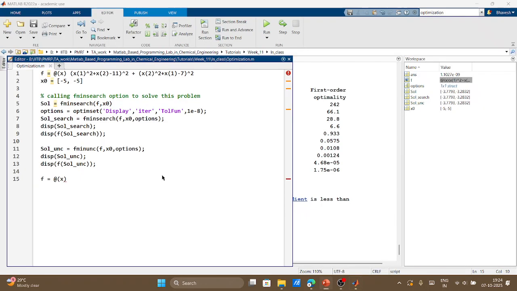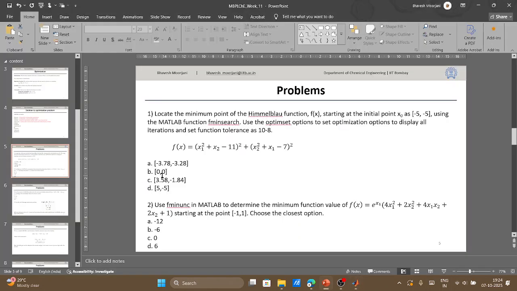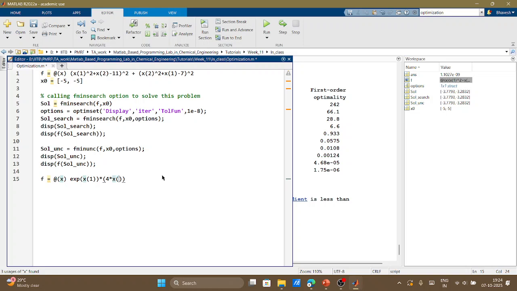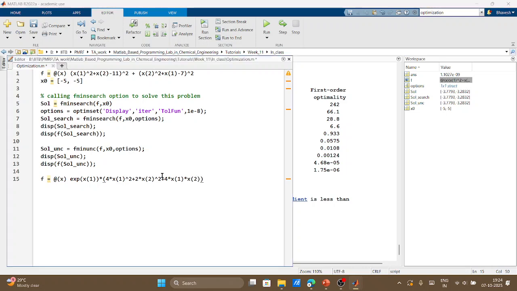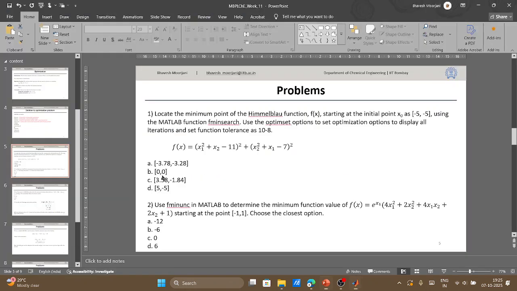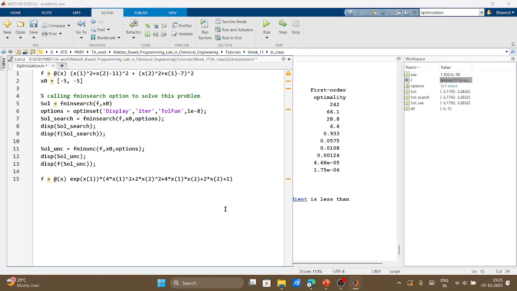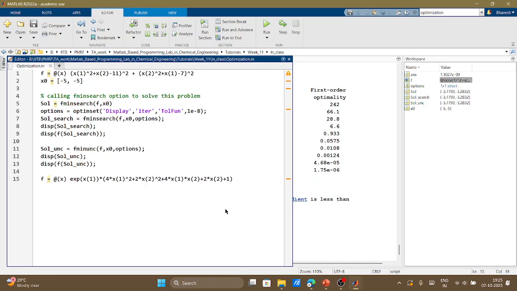My function is e to the power x1 into 4 times x1 square plus 2 times x2 square plus 4 times x1 times x2 plus 2 times x2 plus 1.